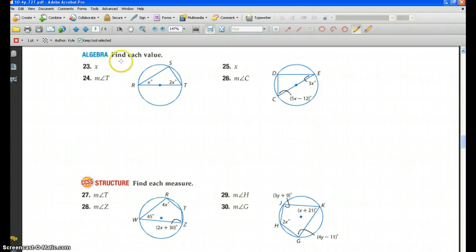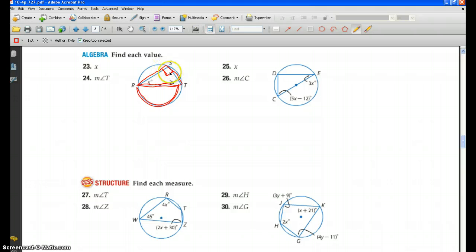On number 23, find the value of x. Alright, so we have a diameter and an inscribed angle, and its intercepted arc would be a semicircle, so 180. So we have this property. Once again, the inscribed angle of a semicircle is going to be 90 degrees.